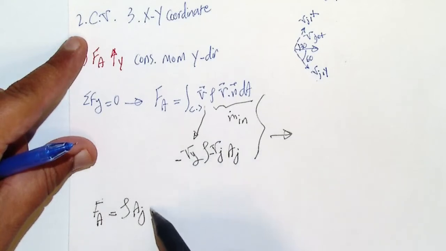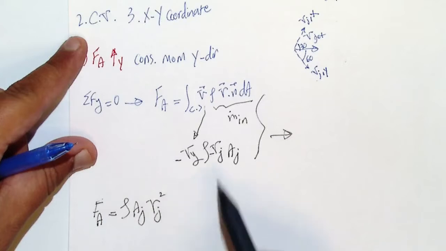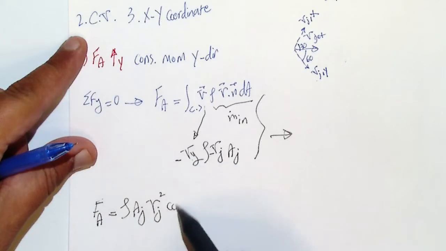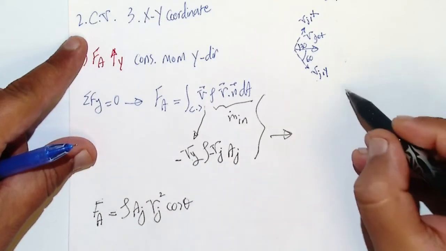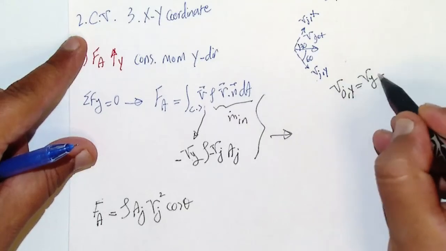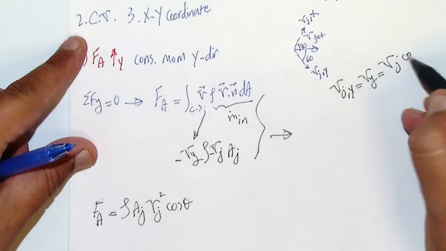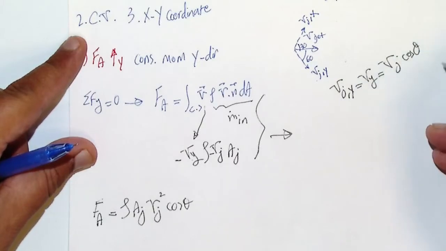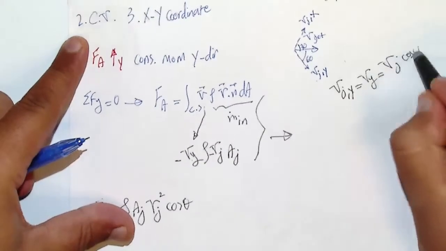Then Aj Vj squared, one from here and one from here, and cosine of theta. I'll write it down again here that Vjy is Vj cosine of theta, right? And cosine of 60 because theta is 30 now.